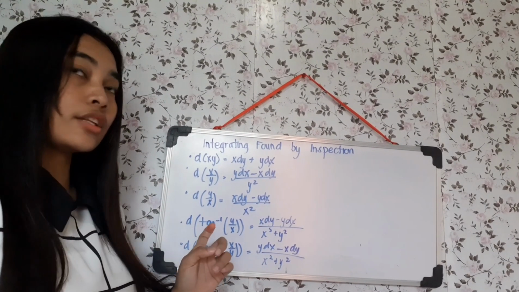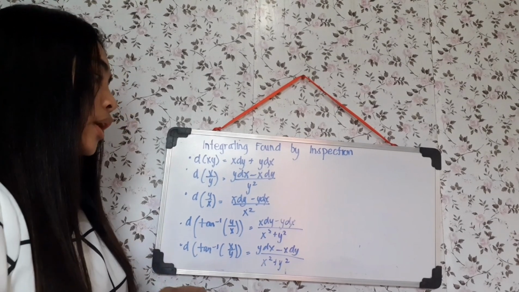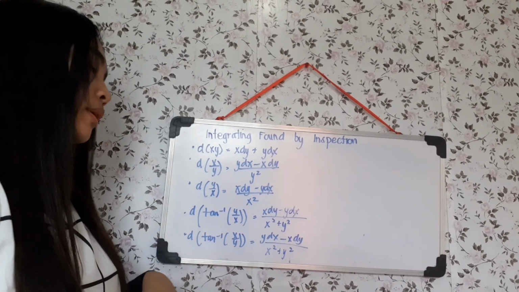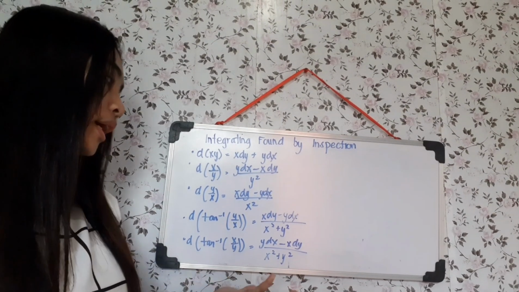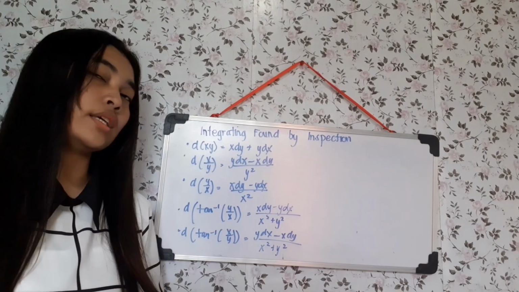And the derivative of arctangent y over x is equal to x dy minus y dx over x squared plus y squared. And the derivative of arctangent x over y is equal to y dx minus x dy over x squared plus y squared.